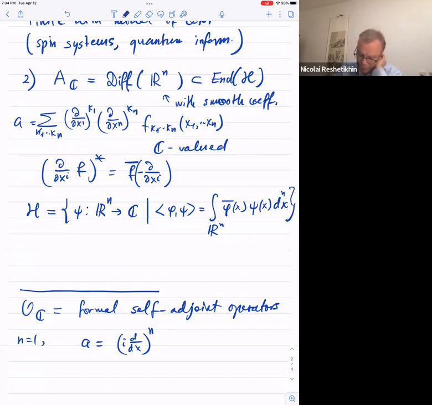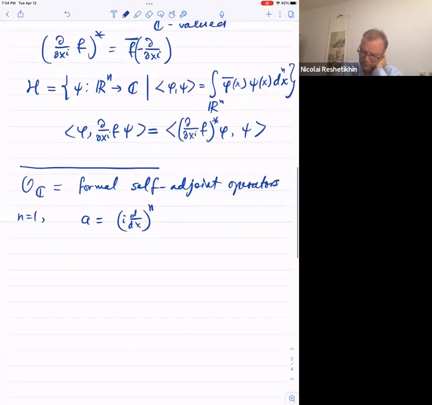And then what does it mean, Hermitian conjugate? By definition of the Hermitian conjugate, the scalar product of d/dxi f psi with phi is equal to the scalar product of psi with (d/dxi f) star phi. So let's compute it.